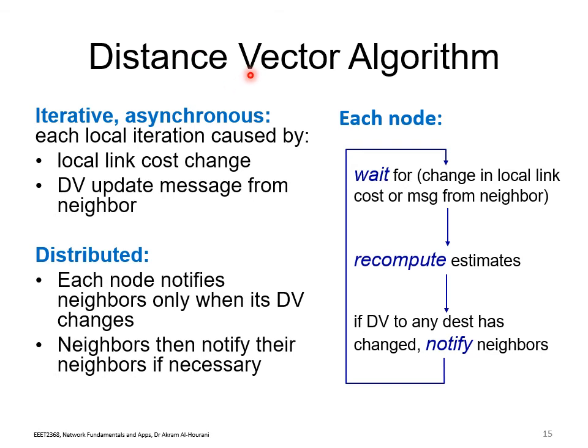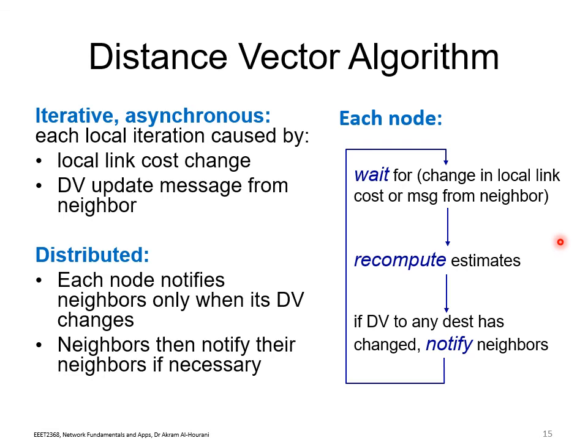The distance vector algorithms, on the other hand, are algorithms that do not have full knowledge of the network. They are distributed, and thus lighter to use in very large networks. So what happens here is that each node waits for a change in the local link or a message from its neighbors.